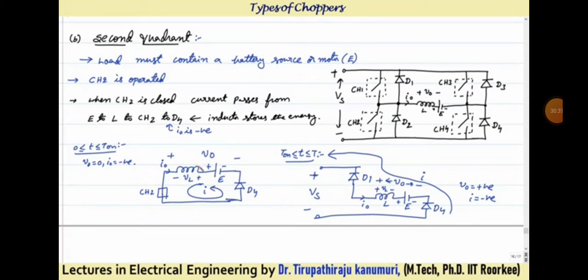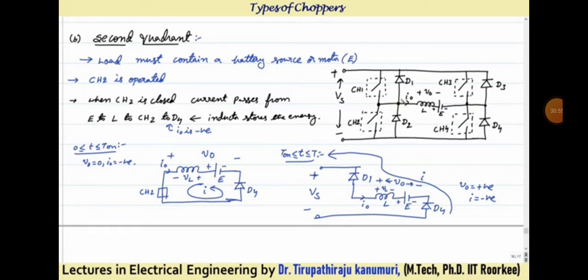Now when CH2 is open circuited, the current will try to decrease. The property of the inductor is that it will not allow a sudden change in the current. So in order to aid the current, the polarity of the EMF in the inductor will become opposite. That means it will become plus minus like this. This is E. So now your resultant value, you can see at this point it will be more positive compared to the second side.